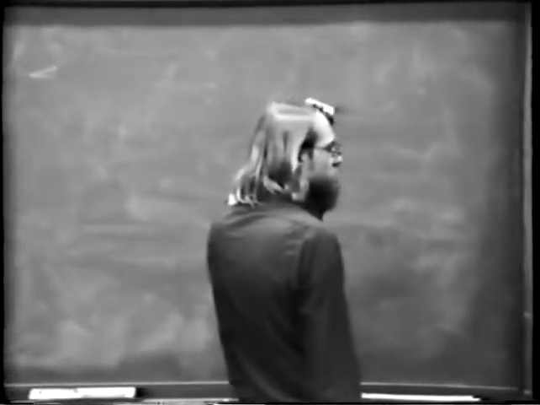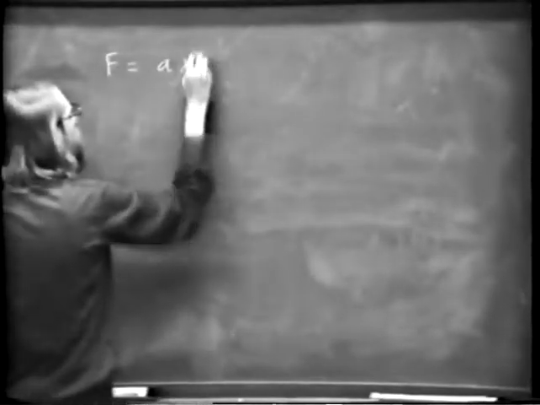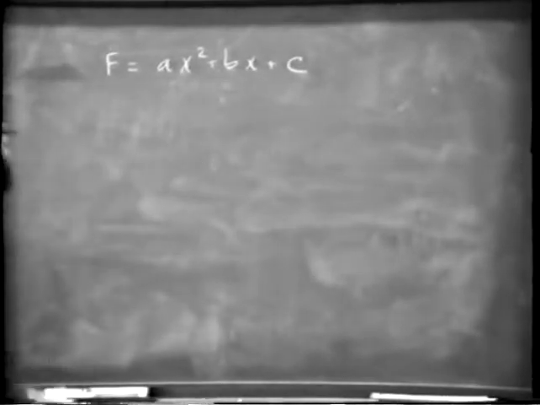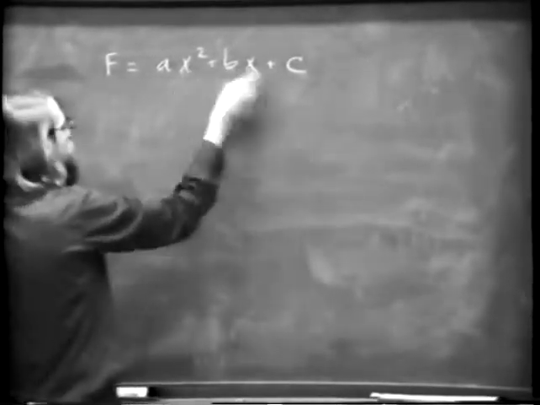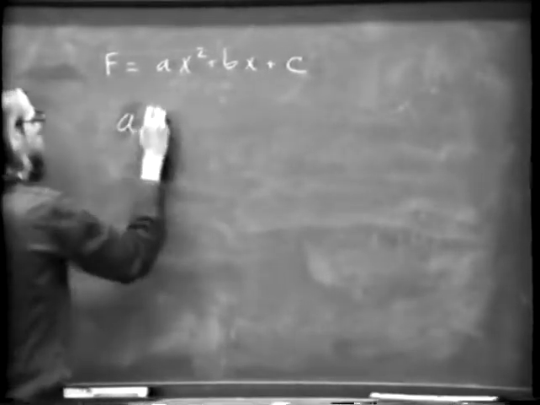What's the easiest way of describing that? Let's take a look at, let's start out evaluating this thing at x min.